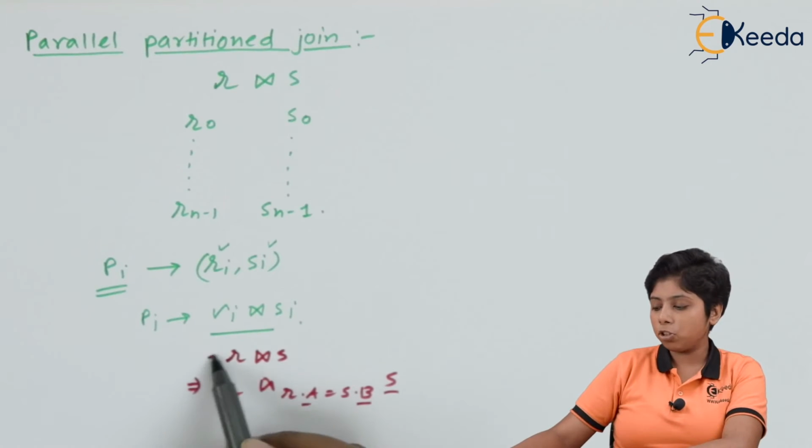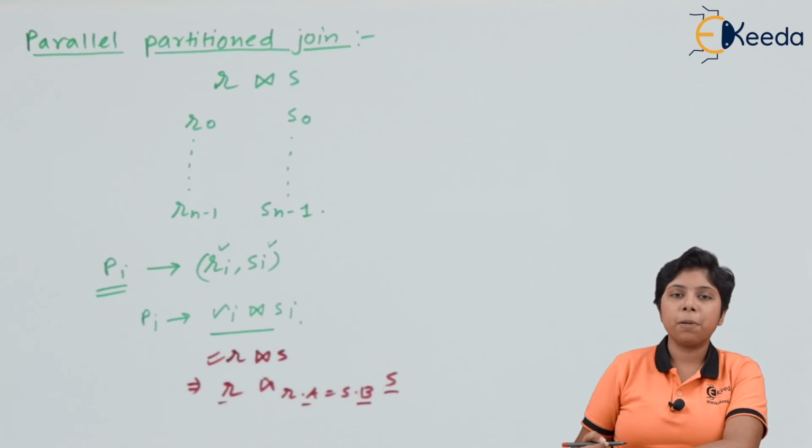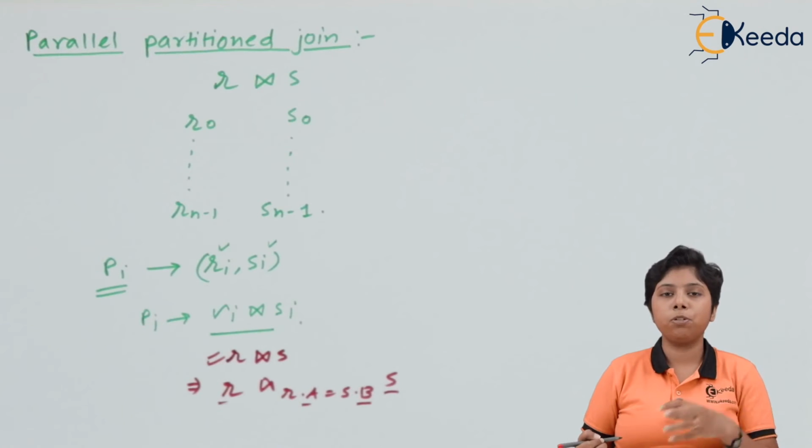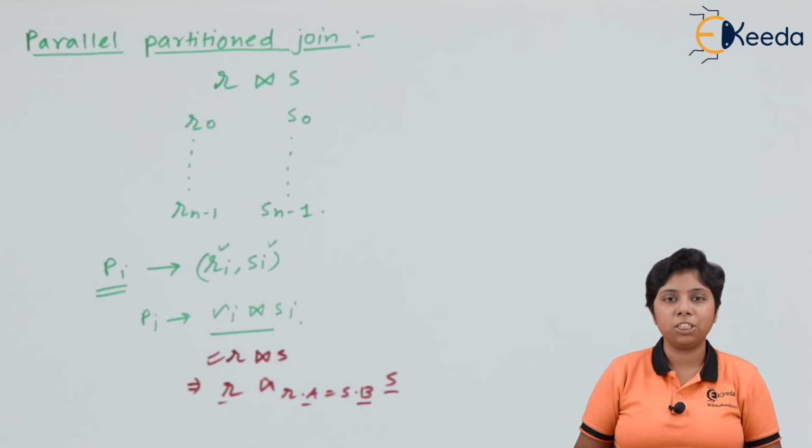This type of join becomes easy because we can match the attributes from each of the partitions and then join them together in a partition join.